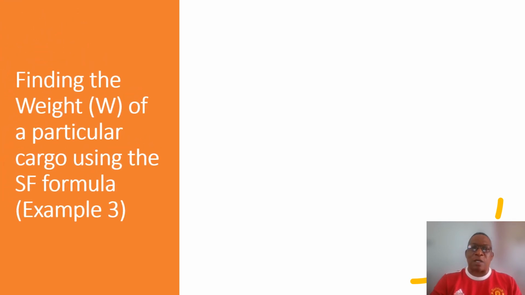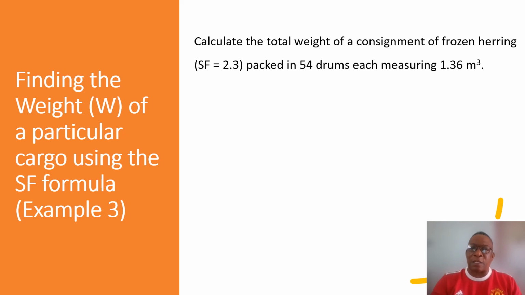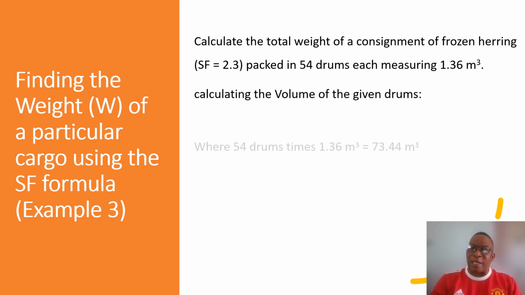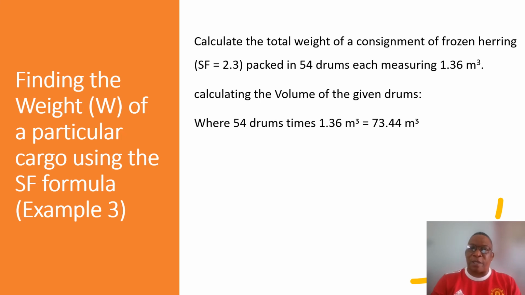Now let us look at another example. The more examples we look at, the more comfortable we get with these calculations. Again, we're going to be calculating a consignment, this time of frozen herring, with a stowage factor of 2.3. These are packed in 54 drums, each measuring 1.36 cubic meters. Again, first we need to calculate the volume of the drums that were given.